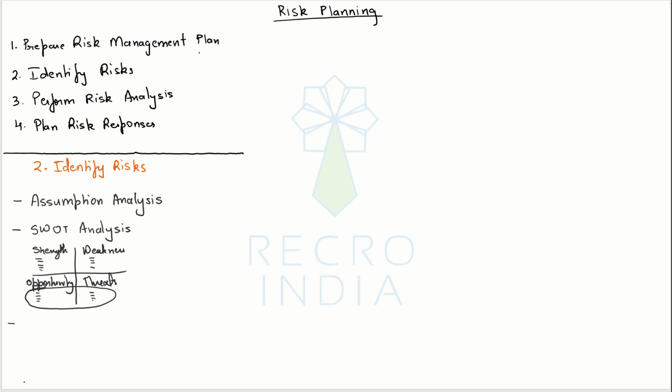Then you can also rely on those prompt lists, PESTLE or VUCA. PESTLE, you will remember from previous videos, stands for political, economic, social, technical, legal, and environmental. And VUCA stands for volatility, uncertainty, complexity, and ambiguity.